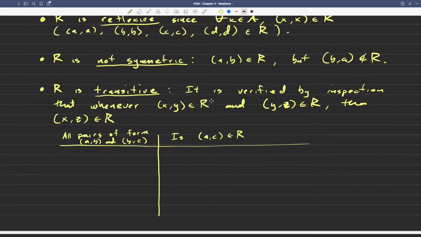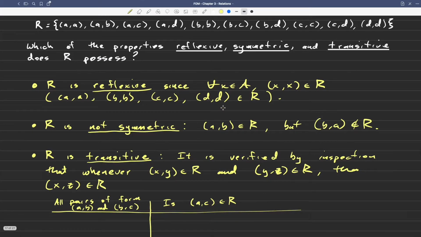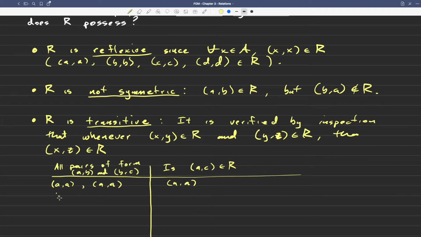I'd have to make a table where I said, well, there are some trivial ones like this, A comma A and A comma A are in there, and then it's true that A comma A is there. Then you've got ones like A comma B is in there, and then B comma C is in there, and then A comma C is in there.